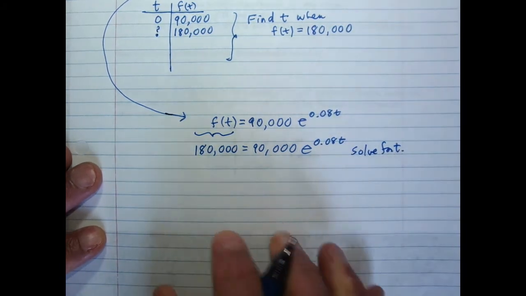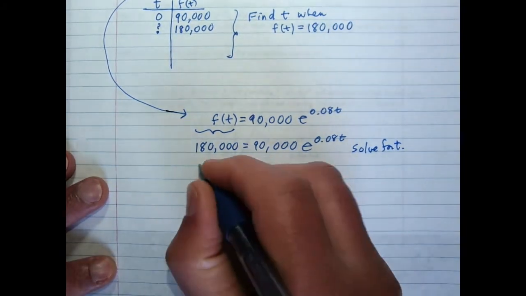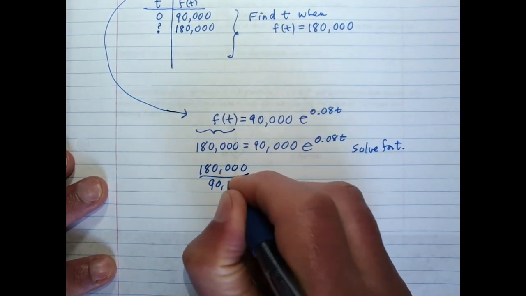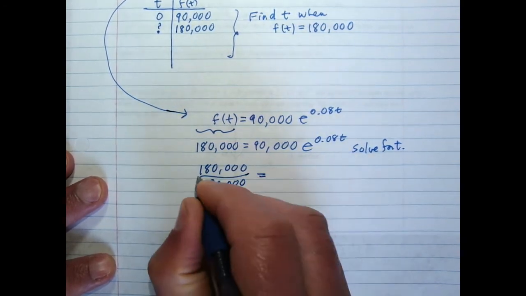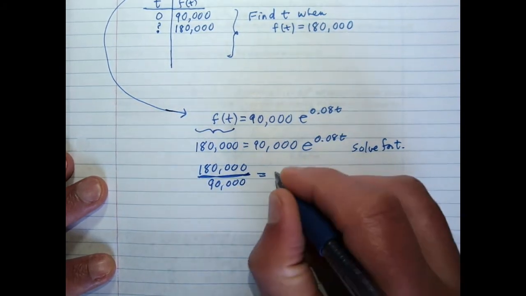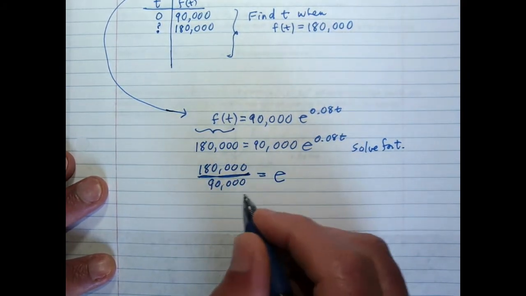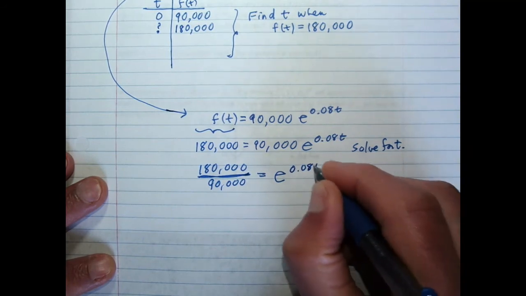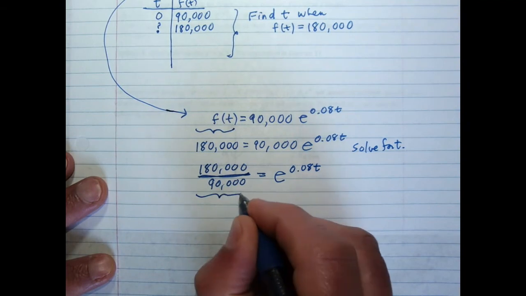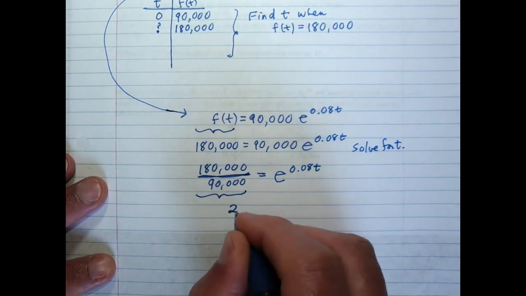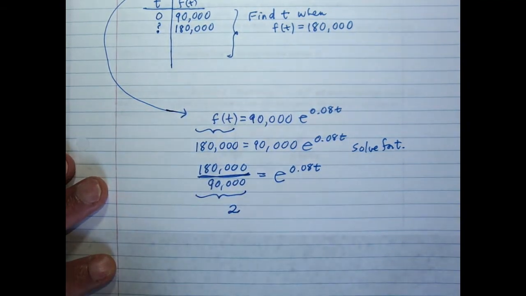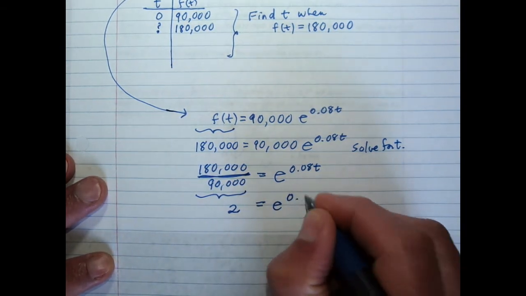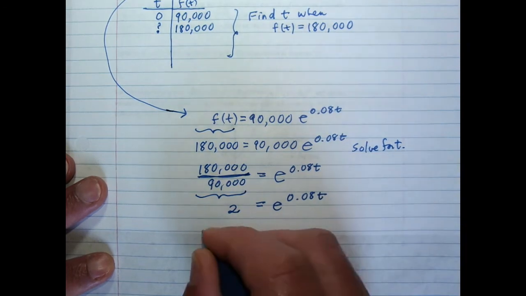Once again, now divide by 90,000. Here we go through that same process again. Oh, sorry, sloppy. 180,000 over 90,000 equals e to the 0.08t. I can reduce this fraction; 180,000 over 90,000 is 2, so 2 equals e to the 0.08t.